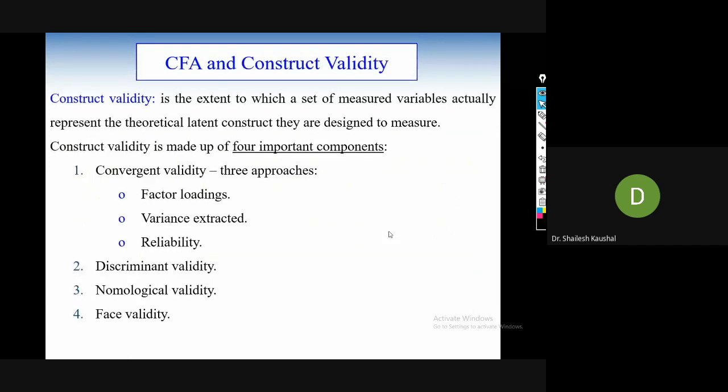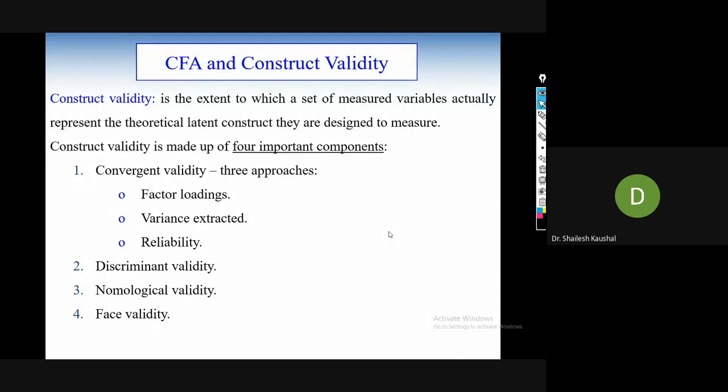So how do we measure the construct validity? There are four components to measure the construct validity. Basically, construct validity is the extent to which a set of measured variables actually represent the theoretical latent construct they are designed to measure.